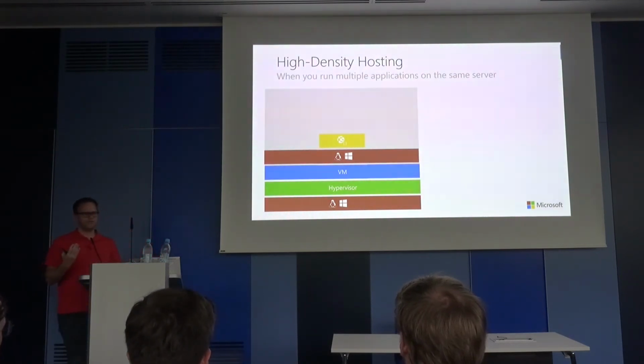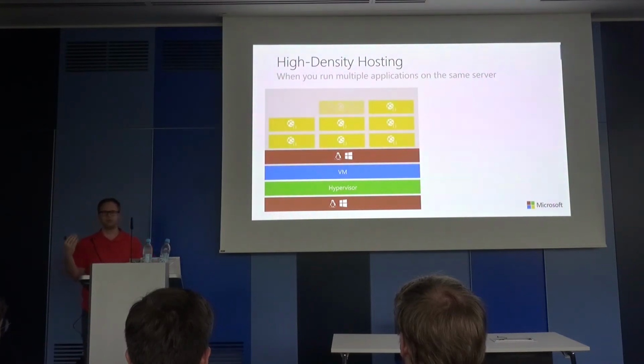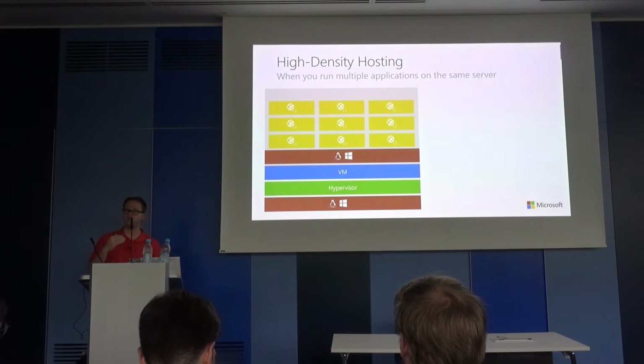So a better solution is to have one VM, or even drop the whole virtualization layer, and have one operating system, and deploy multiple applications on that operating system. Now we are more efficient with the resources we have on that physical server.